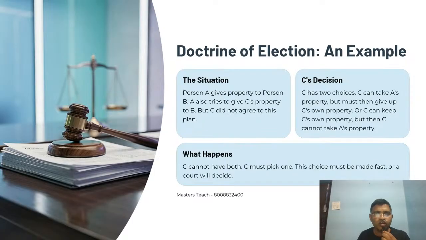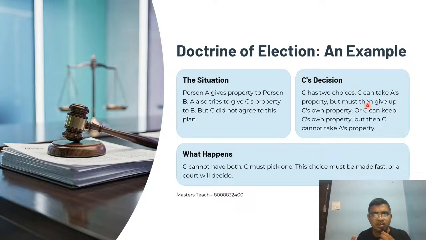So, doctrine of election, an example. The situation is that person A gives a property to person B. A also tries to give C's property to B, but C did not agree to this plan. Then C's decision: C has two choices.